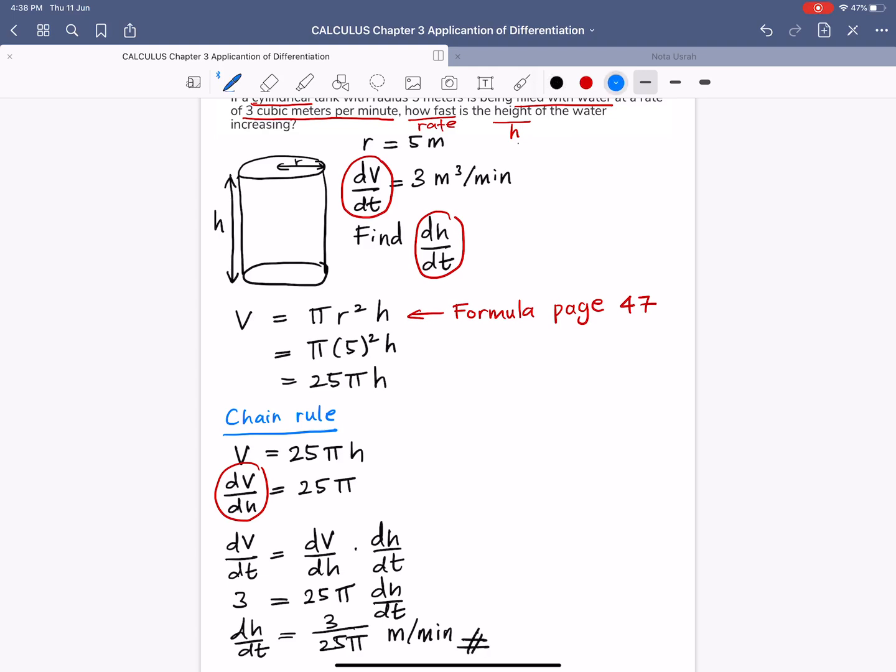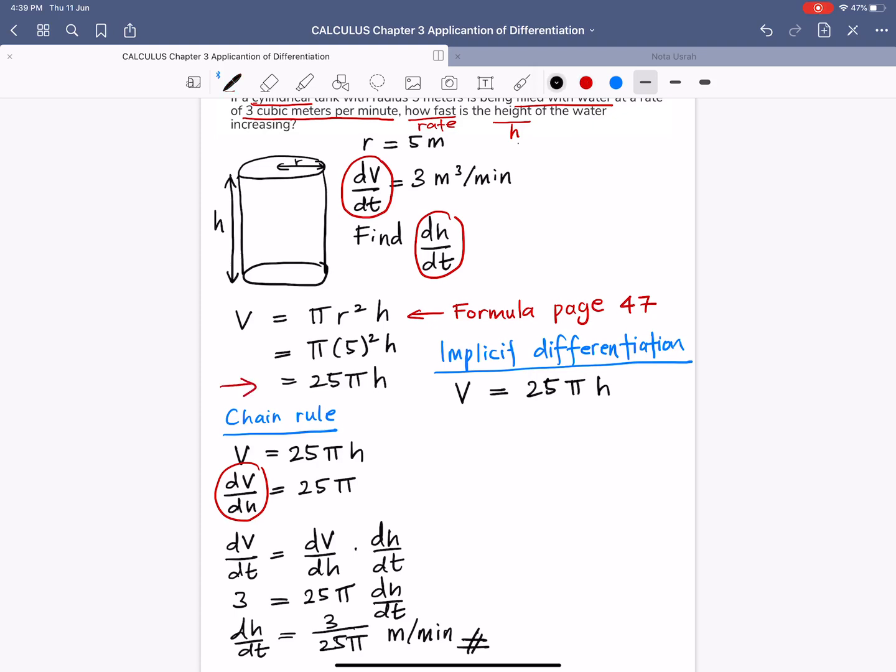Okay, if you want to use implicit differentiation, we will also use the same formula for the volume of the cylinder, V equals 25 pi h.